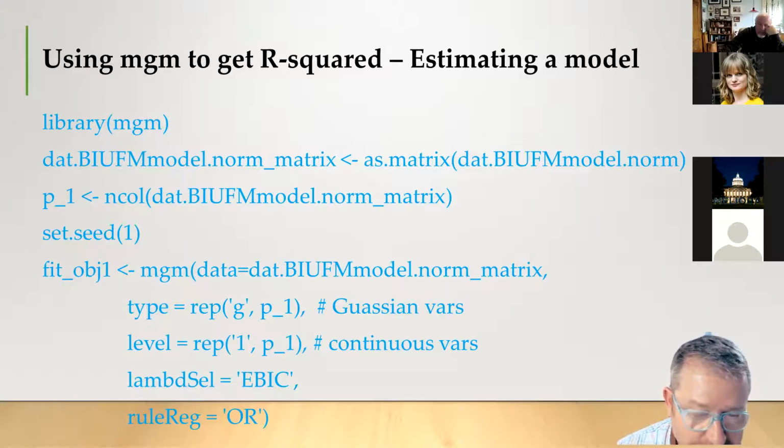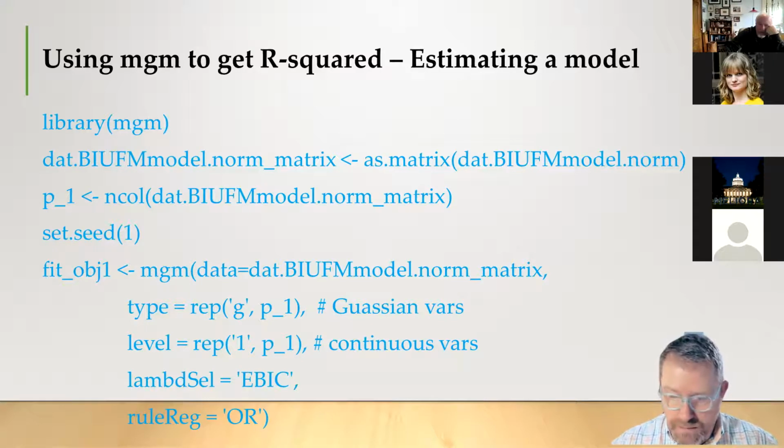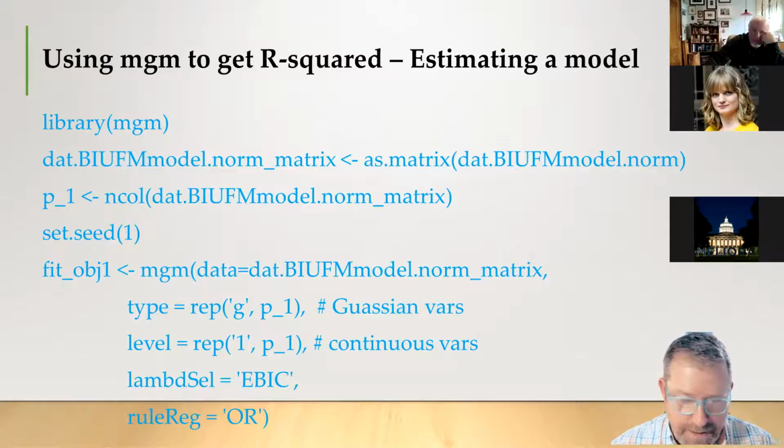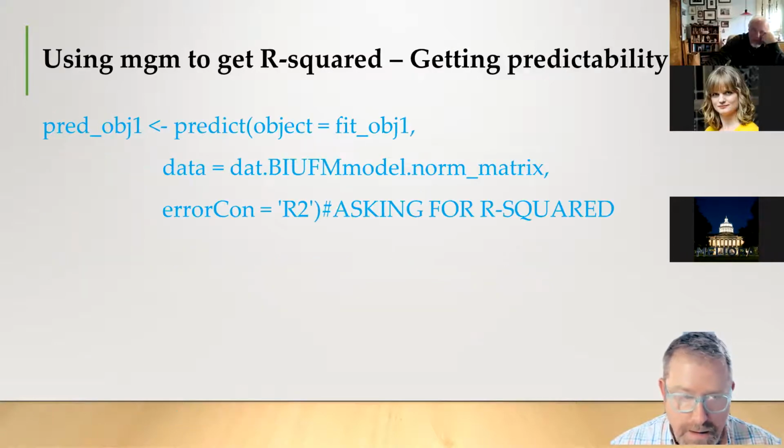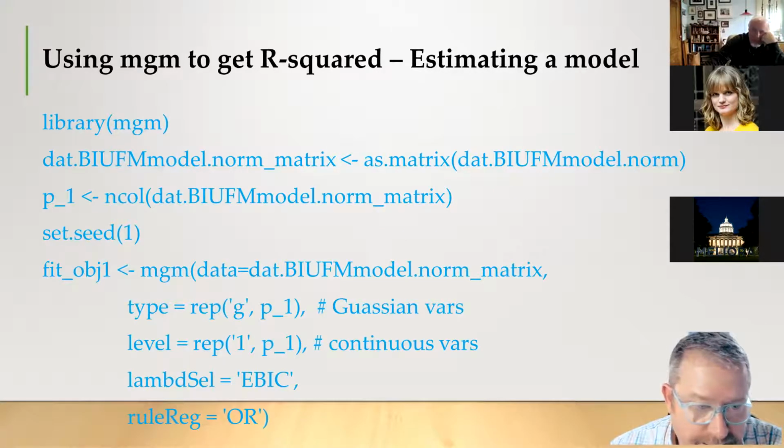And here, I don't have that GGM mod select, so I just used EBIC to extract it. And all of that got saved into fit object 1.